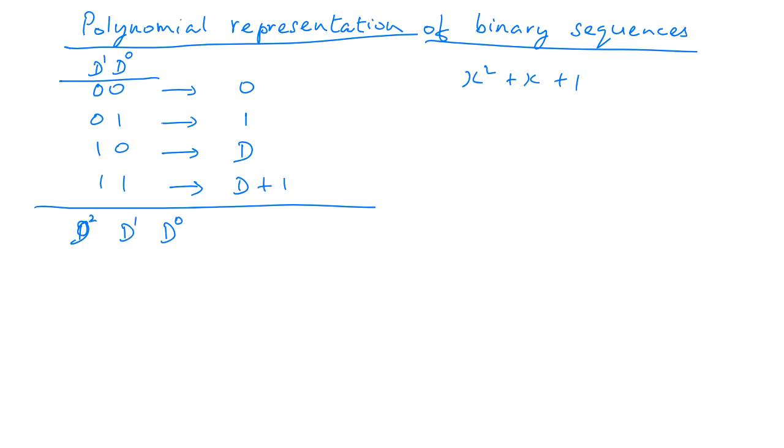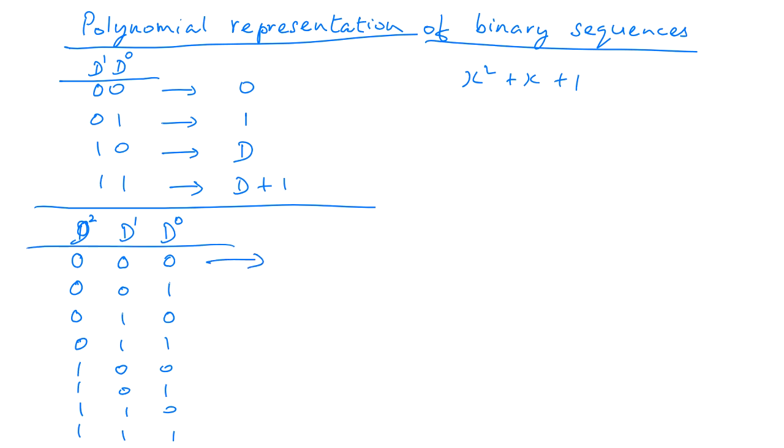Because it is length 3, we will now have 3 positions, so d power 0, d power 1, d power 2, and with length 3 we have 8 possible combinations starting from 0, 0, 0, 0, 0, 1, and so on, right? 0, 1, 0, 0, 1, 1, 1, 0, 0, 1, 0, 1, 1, 1, 0, 1, 1, 1. So we have 8 possible combinations here.